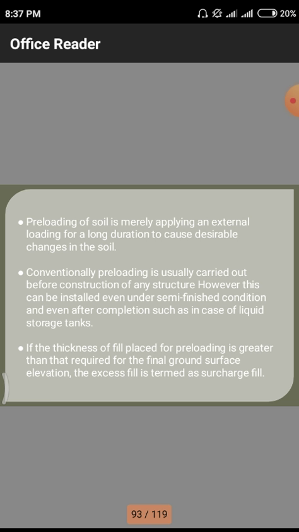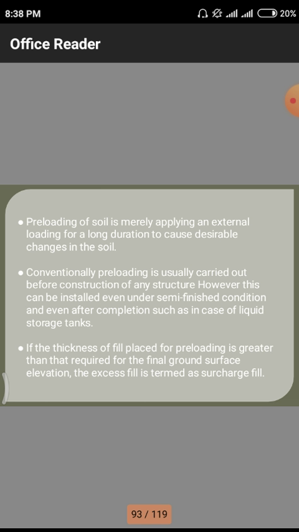The span of time is decided depending upon the properties of the soil, temperature conditions, the groundwater table level, the surrounding water content of the soils, and other local parameters that influence preloading, so we have to wait for a large span of time.